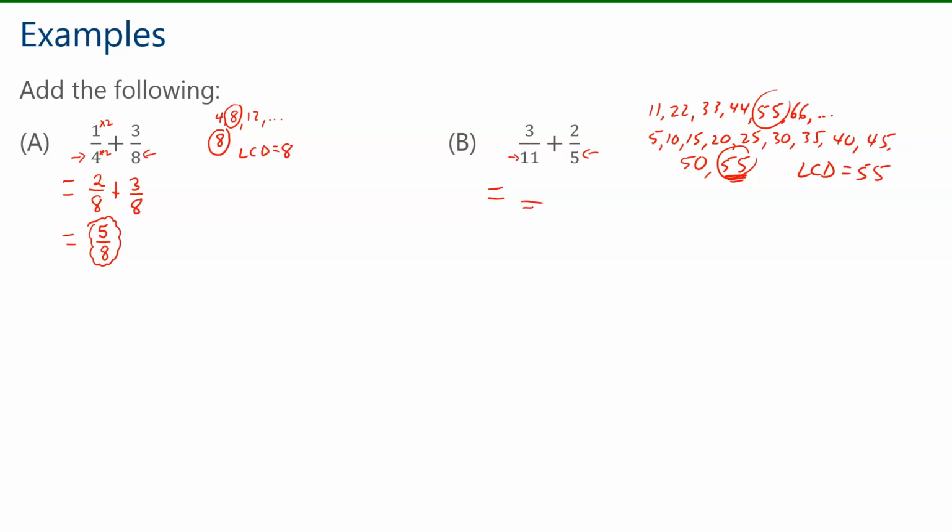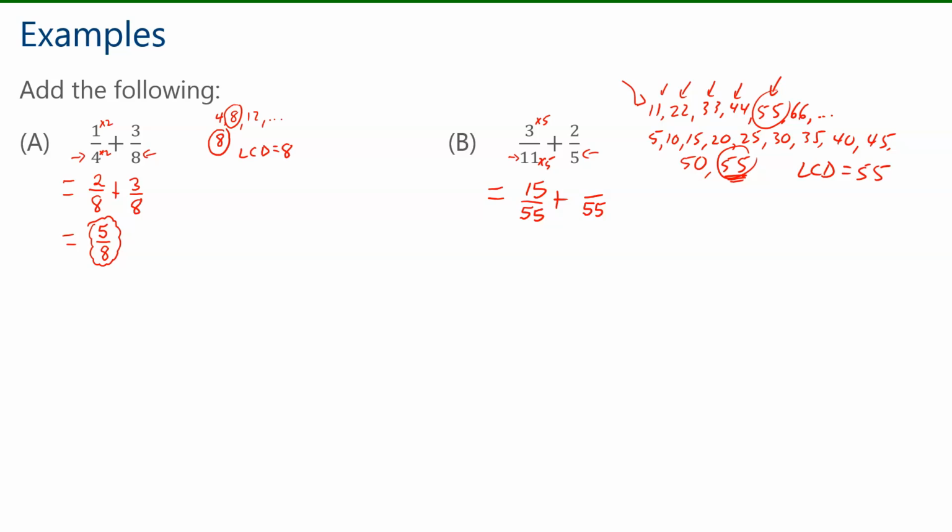So yeah, we had to list off a few multiples that time before we found a common one. But that's okay. This time, I need to write 2 equivalent fractions that have a denominator of 55. So I need to figure out 11 times what gives me 55. Well, you may not just know right away that it's 11 times 5, and that's great. And then 3 times 5 is 15. I could have also looked at where I listed my multiples, and I got 1, 2, 3, 4. So the fifth multiple gives me 55.